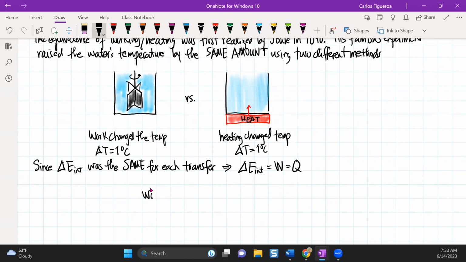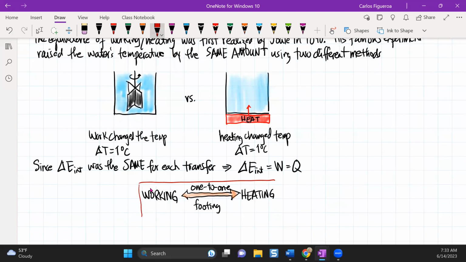So in other words, if I do a little flow chart, and I say this is a one-to-one footing, then I can flow in either direction, and then this would be my heating. In other words, they're the same process. They do the same type of thing. That's what I mean when I say one-to-one footing.